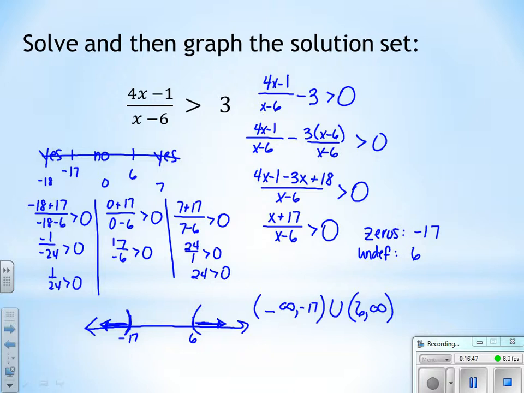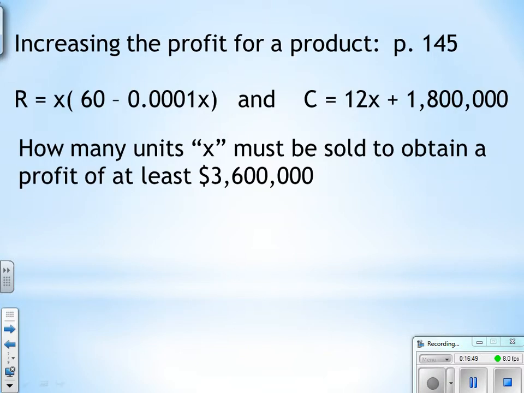Okay, next one. All right, we're going to take a look at a couple of examples that are applications of inequality type situations. The first one on page 145, we're going to look at a revenue cost situation. This one is talking about determining an interval where a certain profit can be made.